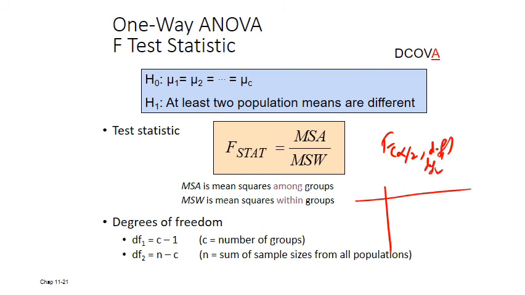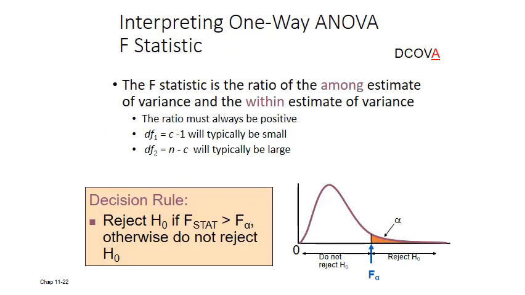You know the formula of F stat, as you have used the F statistics formula before. Here, with degree of freedom 1 and degree of freedom 2, you can locate the value of F critical, and you reject H naught if F stat is greater than F critical. So that is the simple procedure. Now in the next PPT I will give you an example.